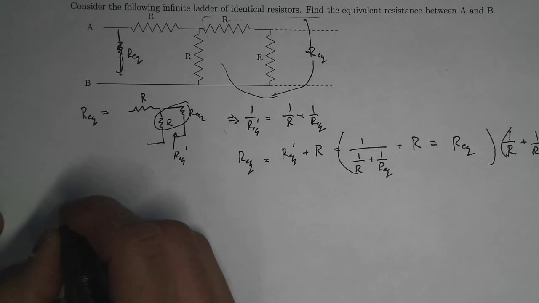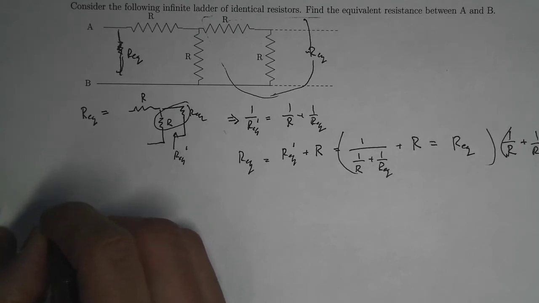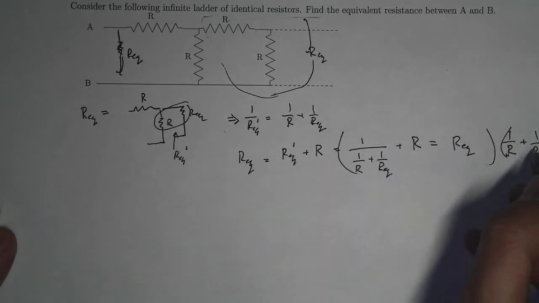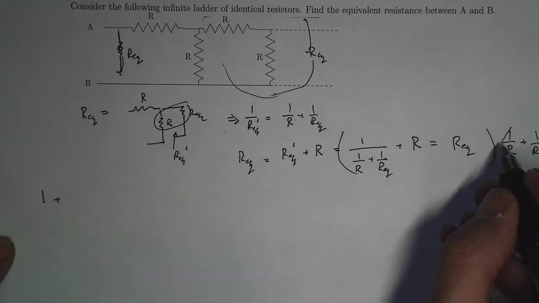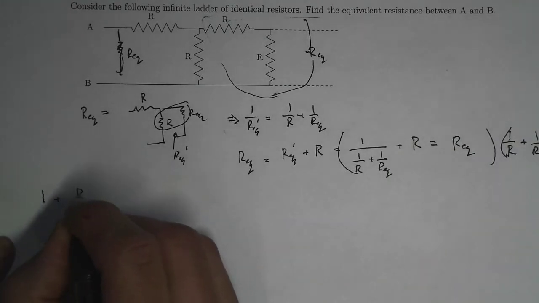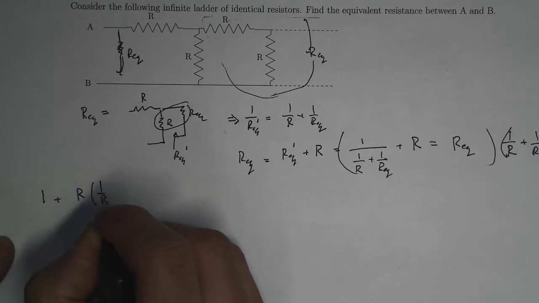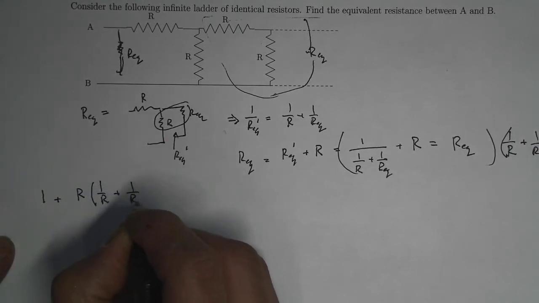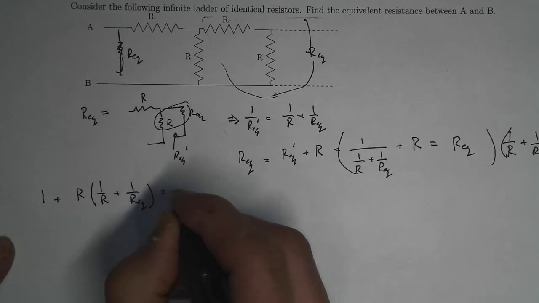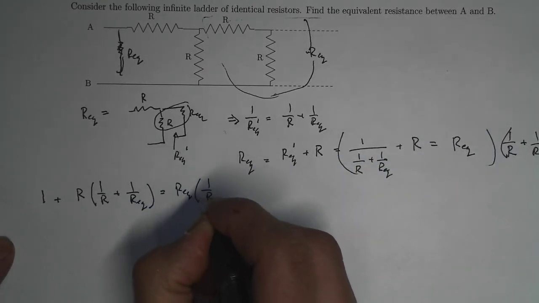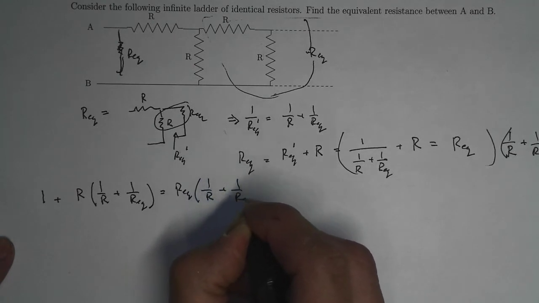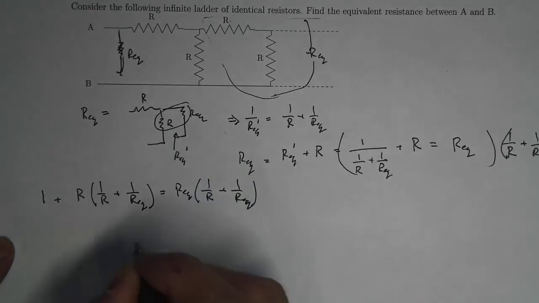What you're going to get is 1, plus R times 1 over R plus 1 over REQ, is equal to REQ times 1 over R plus 1 over REQ.